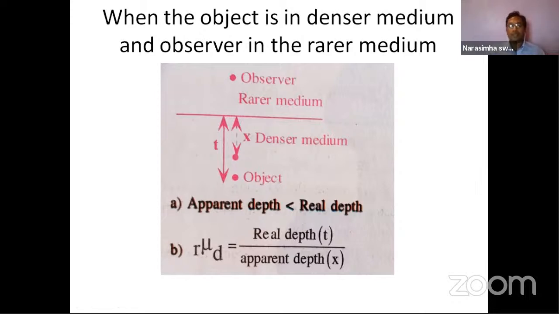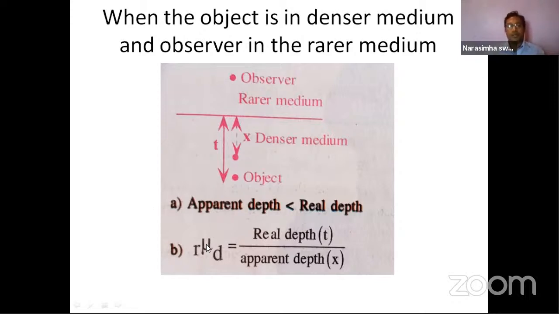Originally the depth of the bucket is an original value, but the apparent depth is different, definitely less than the original. Why is it happening? Because of the change in medium, that is, the change in refractive index.